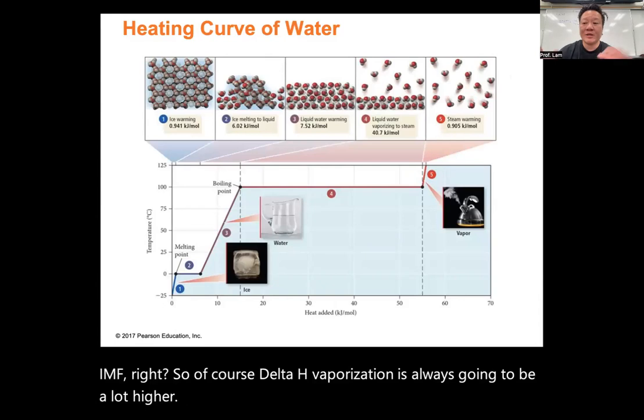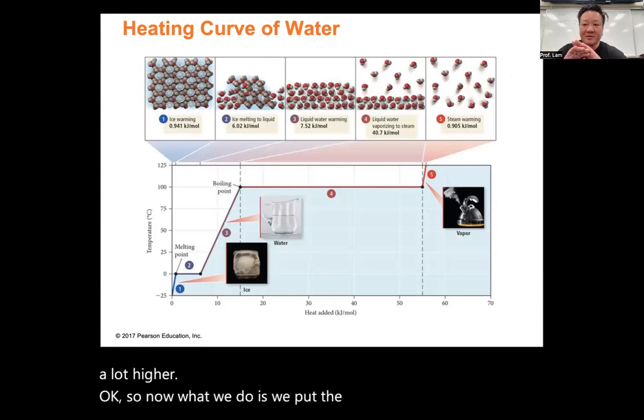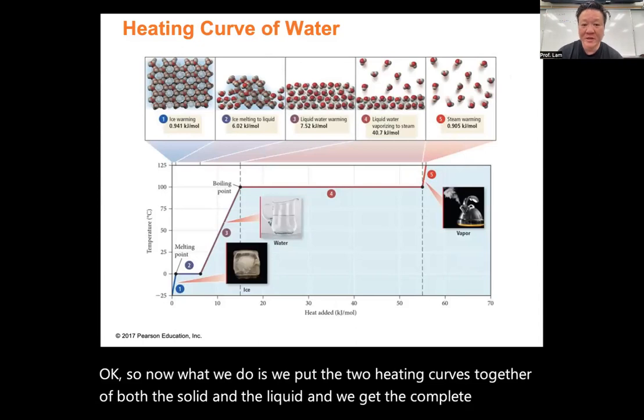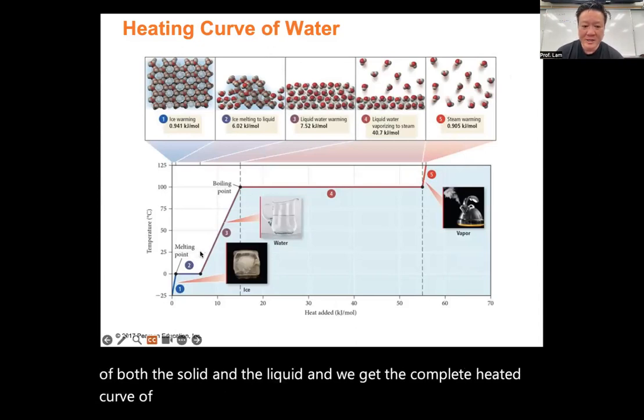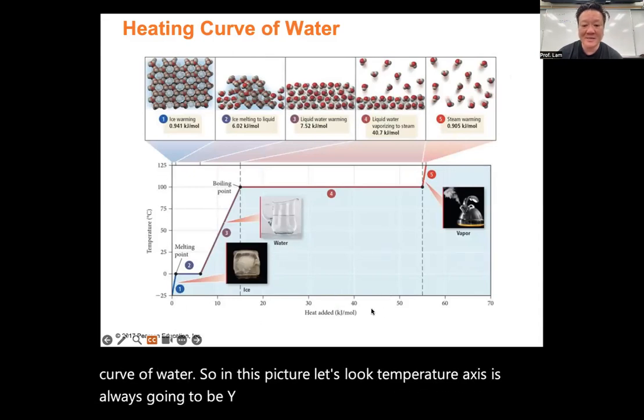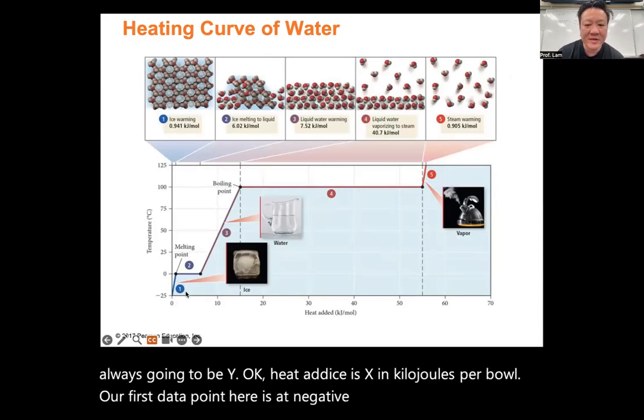Now we put the two heating curves together, of both the solid and the liquid, and we get the complete heating curve of water. In this picture, the temperature axis is always gonna be Y, and heat added is X, in kilojoules per mole. Our first data point here is at -25, and our last data point is 125.